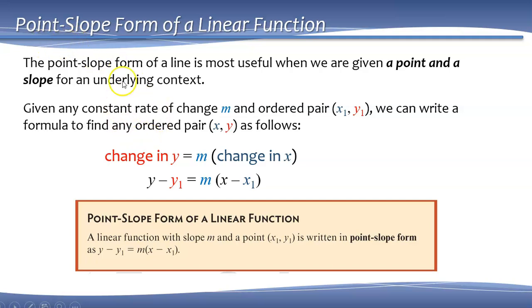Another form is the point-slope form. Maybe you won't have the slope, but you're going to have 2 points. So having 2 points, you can find the slope, and then you will use one reference point in order to find the final output.